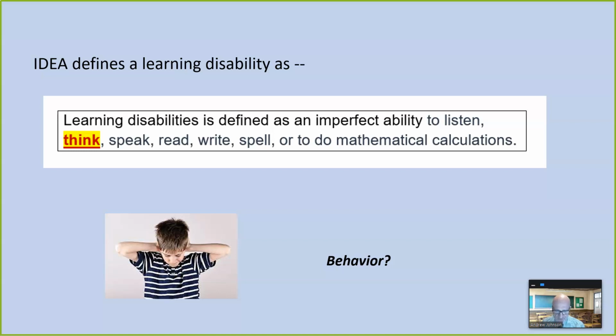A learning disability is not a behaving disability. A learning disability is not an emoting disability. It's an imperfect ability to learn things. In regards to RTI, it's an imperfect ability to learn to read, write, and do mathematical calculations.